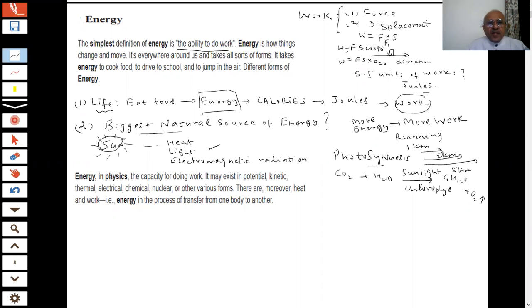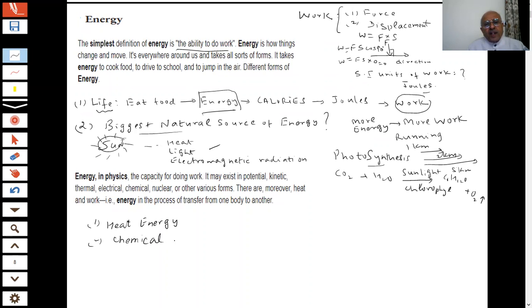In physics, I am saying energy is the capacity for doing work, and it can exist in different forms. Potential energy, kinetic energy, electrical, chemical, nuclear, various other forms of energy are known to us, students. For example, you are aware of heat energy, chemical energy. What is chemical energy, students?